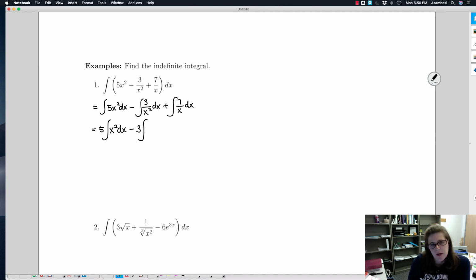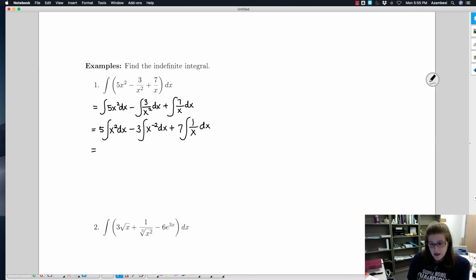I'm going to bring that x squared up to the top. So here it's x to the negative 2 dx. And bringing the 7 out to the front as a constant, 1 over x dx. Note that 1 over x thing is our natural log. So we're going to end up with a natural log for that third.